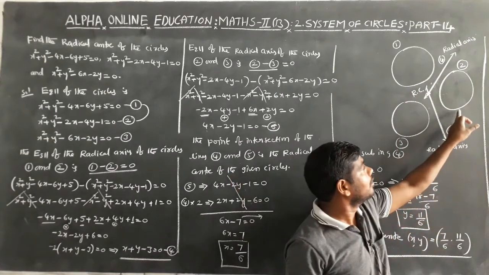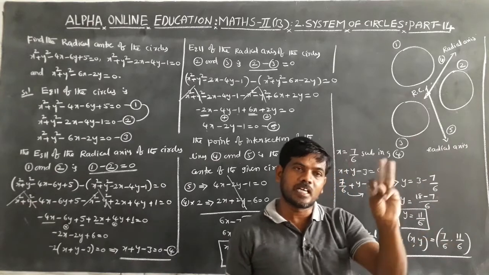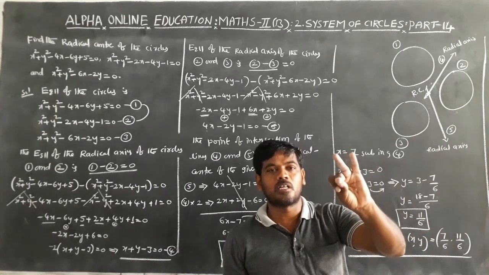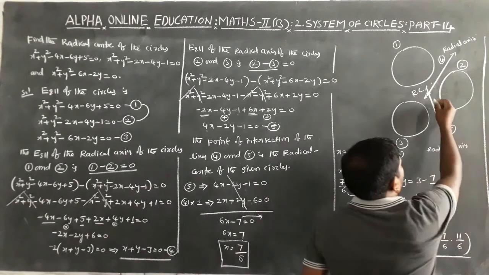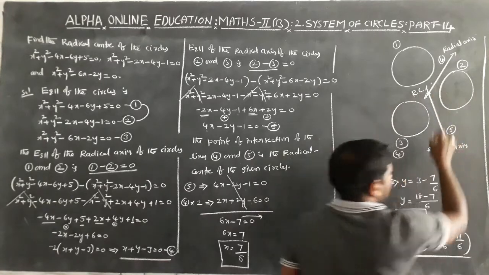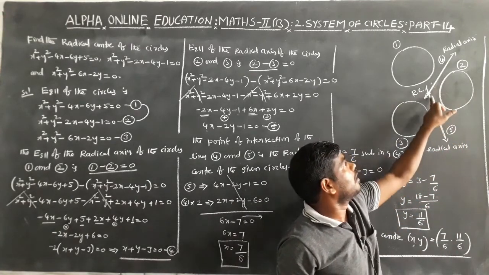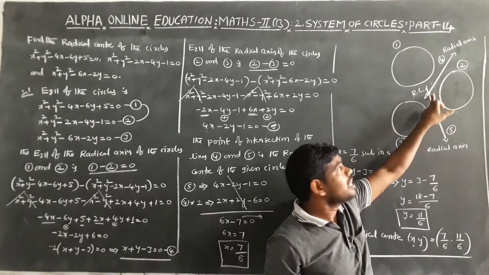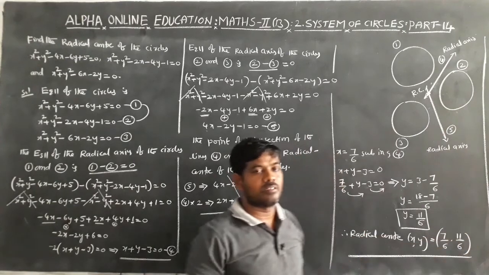Again, find the equation of the radical axis of the second circle and third circle. Find the point of intersection of the two lines. The point of intersection of the radical axes of the circles is called the radical center.